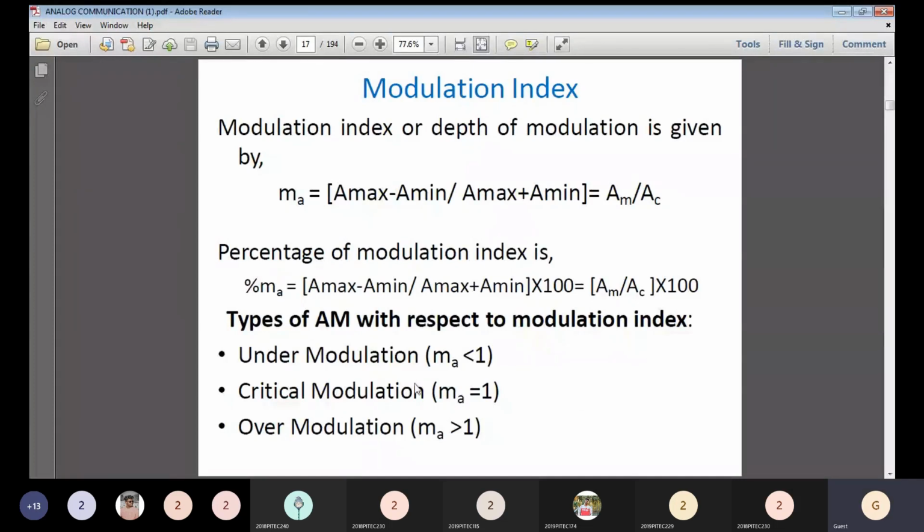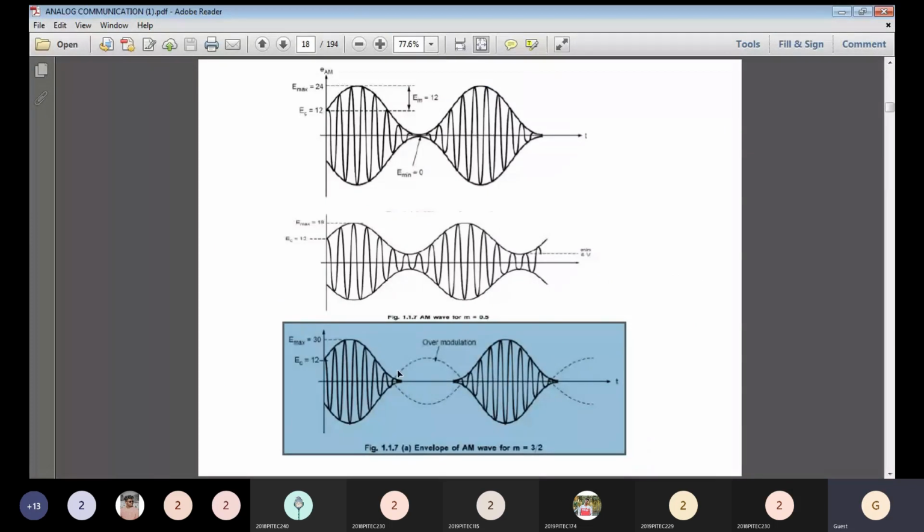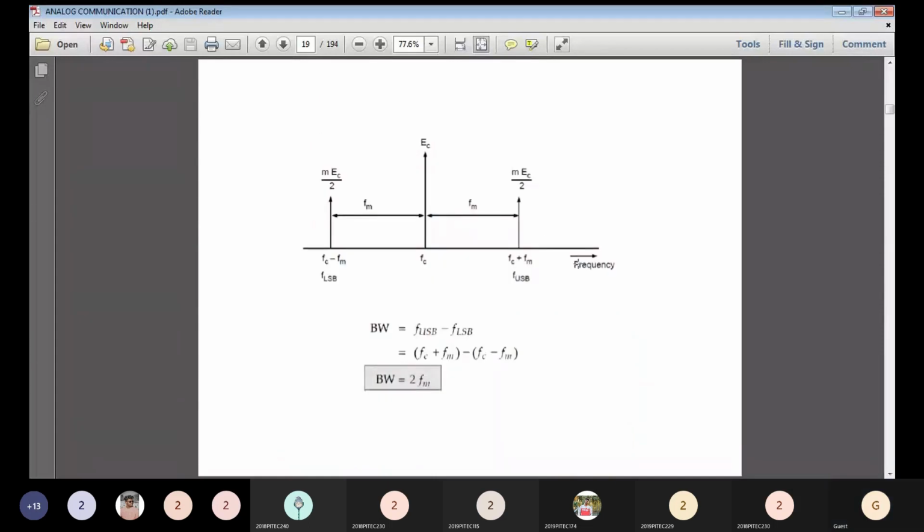The third diagram is over modulation. See here, when we choose over modulation, some amplitude clipping is there. Some portions of the envelope, the negative portions, are missing here. This is the problem we face with over modulation.